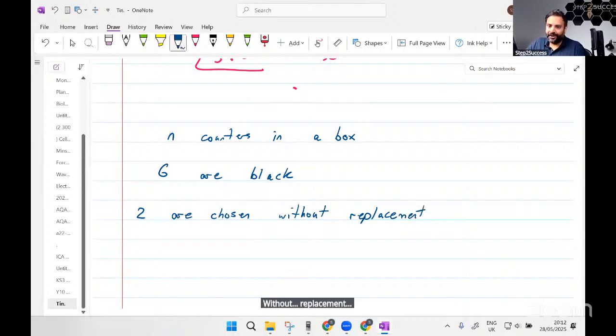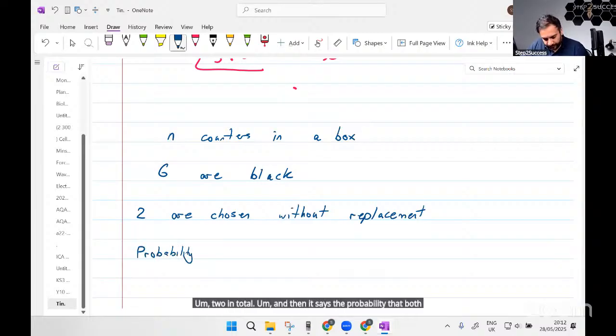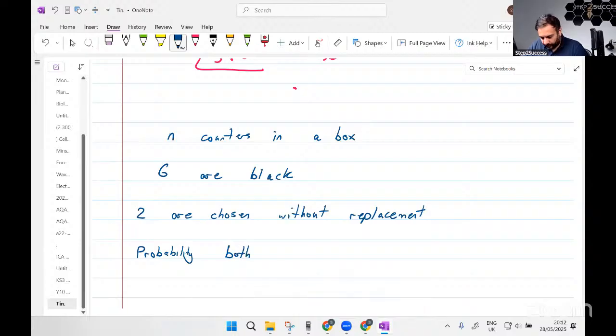And that means one after another, 2 in total. And then it says the probability that both are black is 1/8. And the question is, find out what n is.